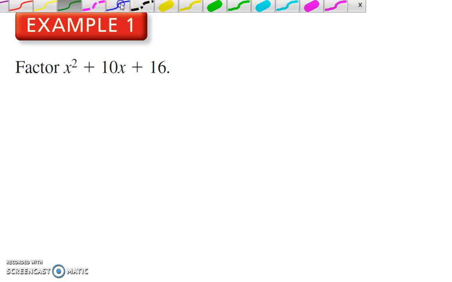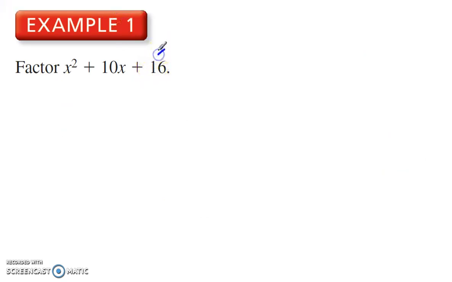All right, we're going to look at what multiplied to give me 16 and what added to give me 10. We're going to start with the 16. We're going to write 16 out and then write down the factors. You always know there's a number in itself, or a number times 1, 16 times 1. Then 8 times 2 or 4 times 4.